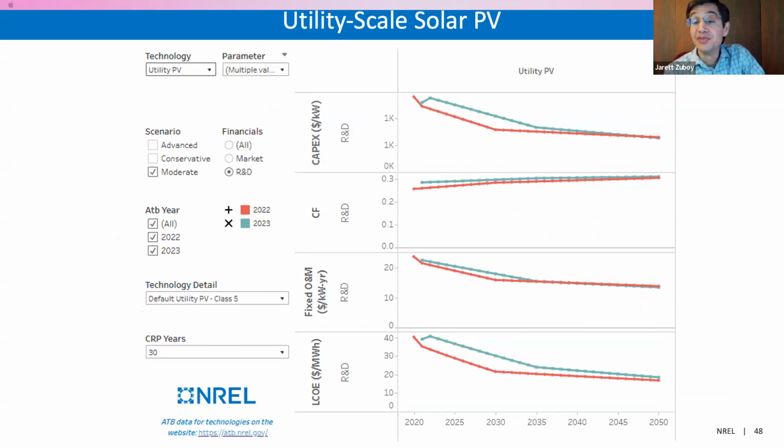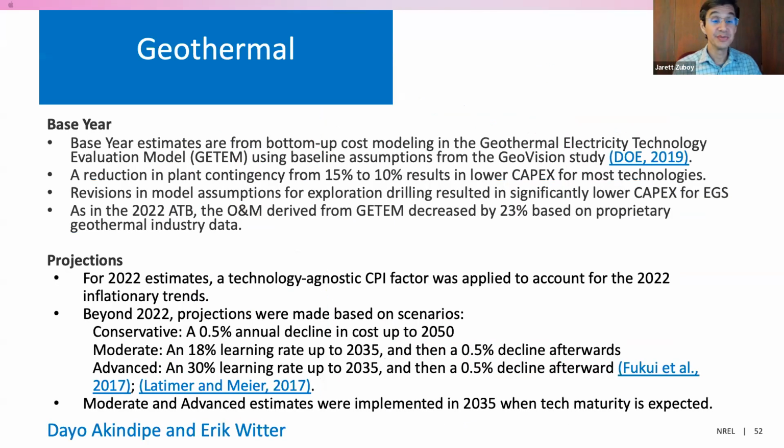And then as you get out towards 2050, they start to come together, as the effect of that early increase in price in 2022 and the effect of the straight line method become more muted. You can also see in the capacity factor, it gets a bit higher in 2023 than 2022 because of the bifacial module assumption. But I think that is it for me, and we're going to hand it over to Dio.